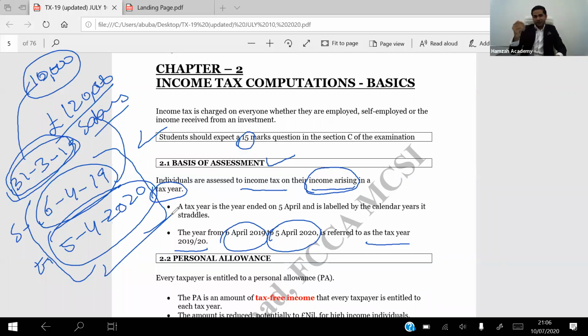So a person earning something in our tax year for our exam attempt until March 2020 is 6 April 2019 to 5 April 2020. We should be careful with the date. I hope it was clear. Please let me know.